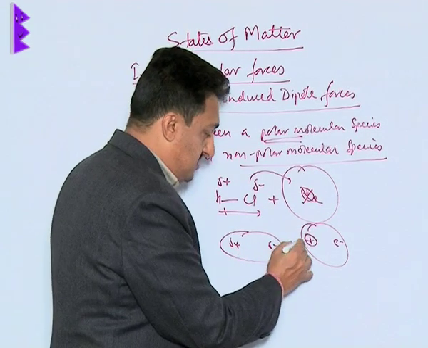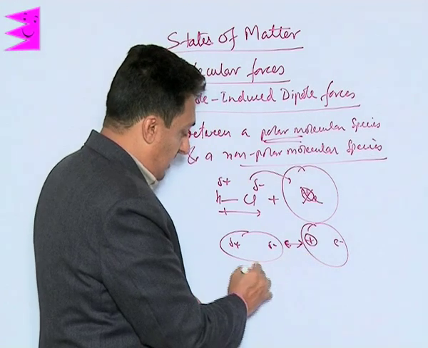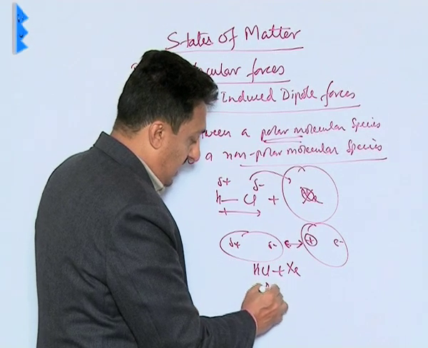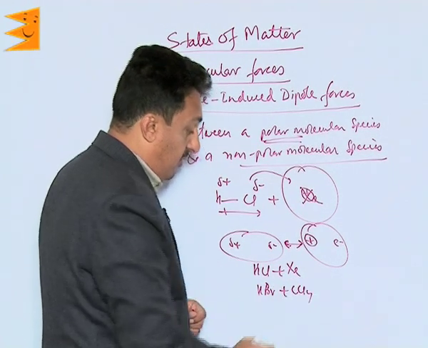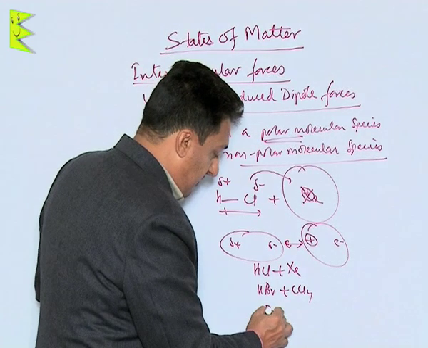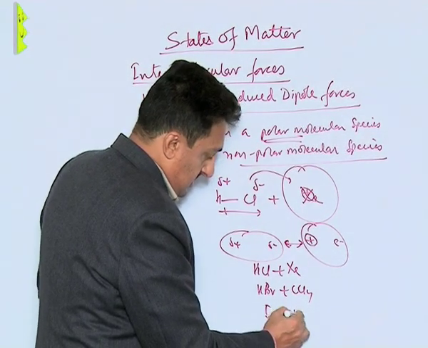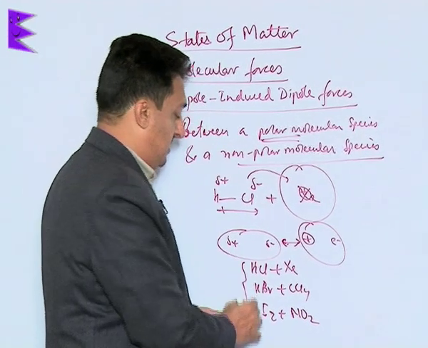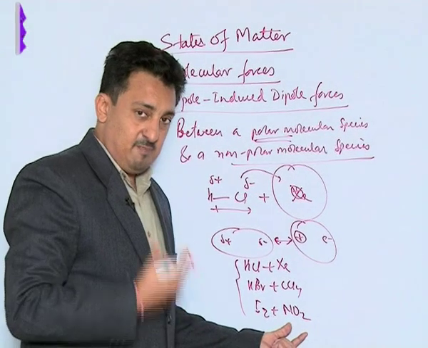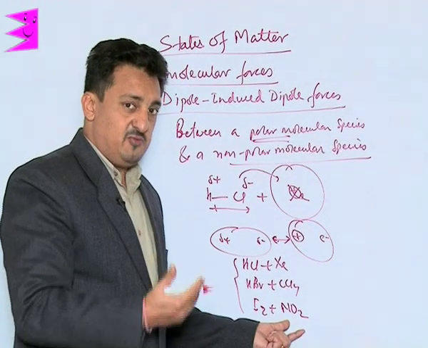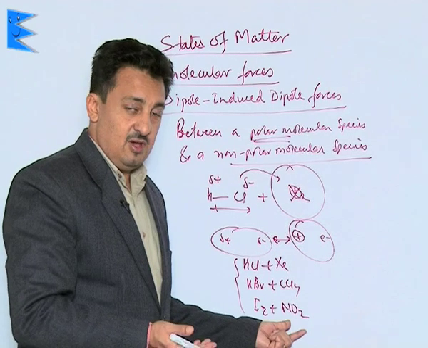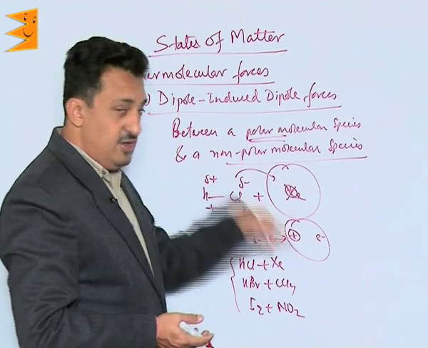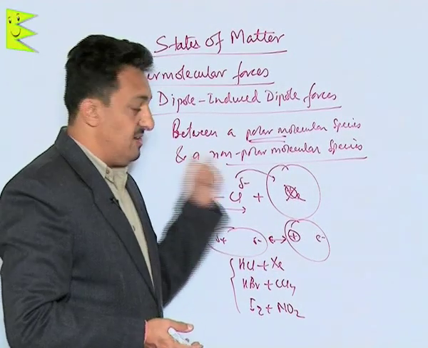So the forces of attraction which now develop between these two, like the example I have given you, HCl and xenon, we can have HBr and CCl4, we can have iodine and NO2 molecule. So these are examples where one molecular species is having a permanent dipole which induces the dipole moment in the non-polar molecular species, and the force of attraction which the two develop is called dipole-induced dipole forces. This is dipole, this is induced dipole.